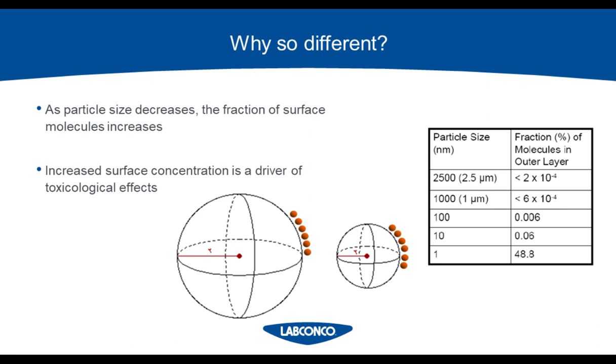So a good way to think about this is to imagine you have a cube that's the size of the room you're sitting in right now. Maybe it's 10 by 20 feet. I guess it'd be a rectangle, but anyway, a large volume.